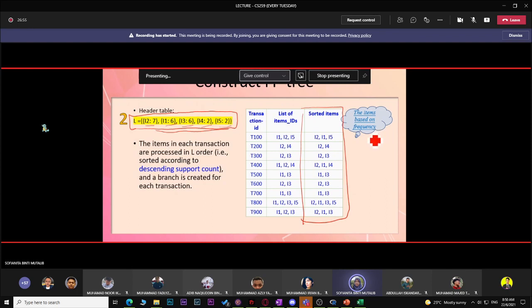Okay, so the sorting will be done based on the frequency. If you look at transaction 1, it starts from I2, then I1, and I5. Because I2 first, and then I1, and lastly will be I5. And the same goes to the second transaction, I2 and I4, and then I2 and I3.